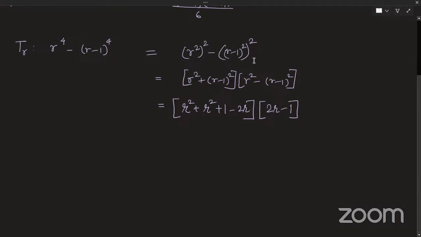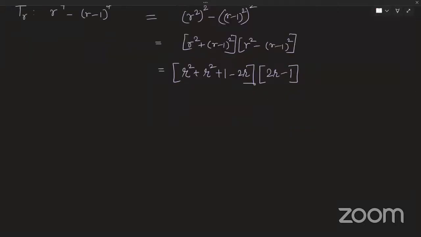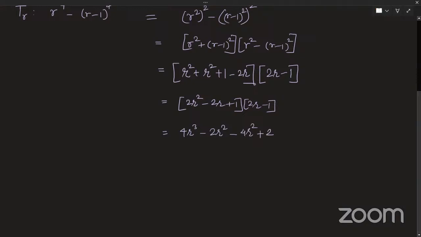So doing this further, it is basically 2r square minus 2r plus 1 into 2r minus 1. So it is 4r cube minus 2r square minus 4r square plus 2r plus 2r minus 1. Is this correct?